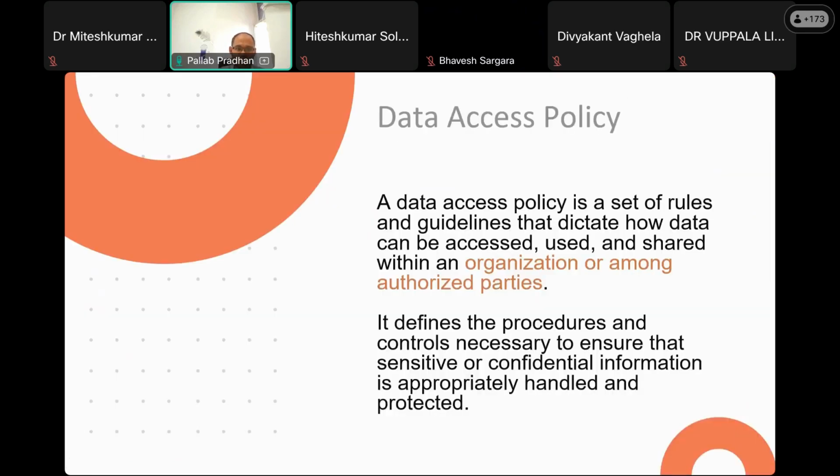So, the data access policy. This is nothing but a set of guidelines that dictates how data can be accessed, used, and shared within an organization or among authorized parties. So it defines the procedures and controls necessary to ensure that sensitive or confidential information is appropriately handled and protected.